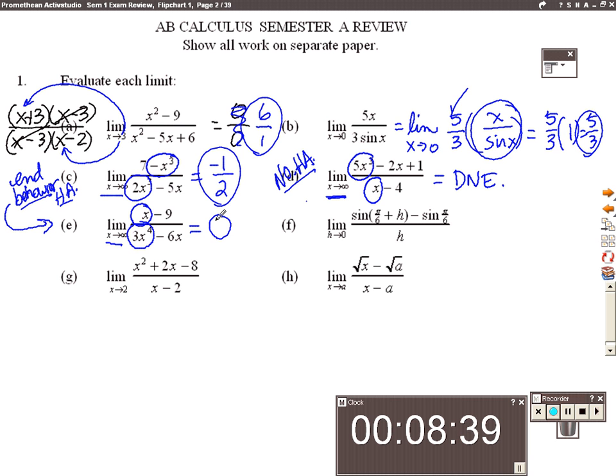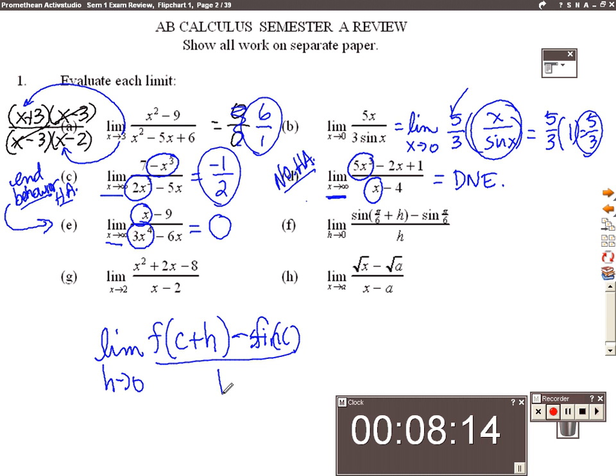Letter F is a special limit, and hopefully you recognize letter F to be the limit as h approaches 0 of f of c plus h, where c is a particular value, minus f of c, over h.